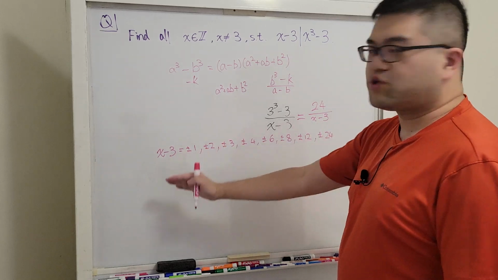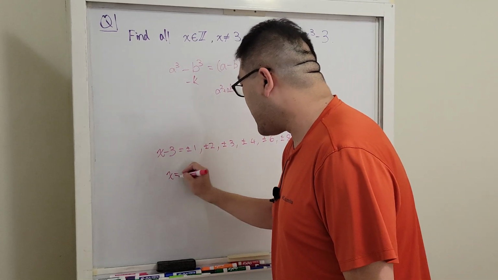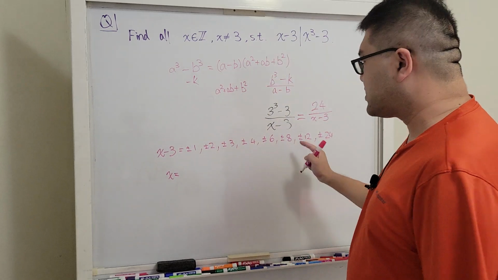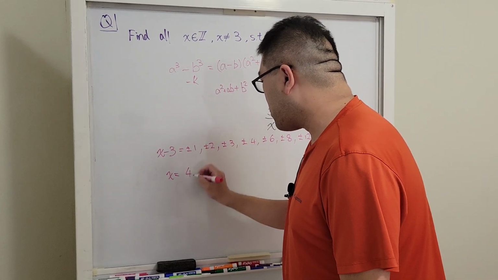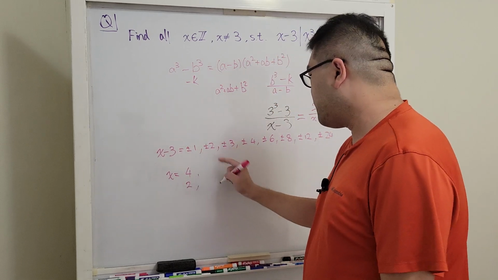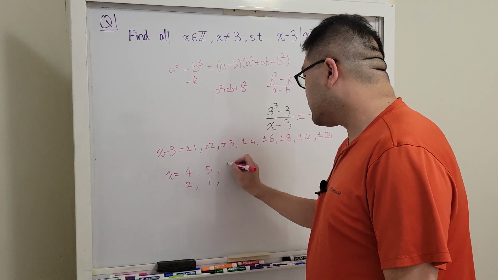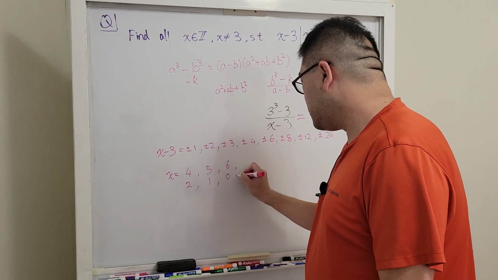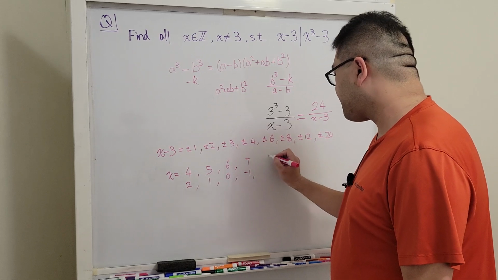And as we solve for all these possible values, we add 3 on the right side for each. We will get either 4 or 2, and then we have 5 and 1. We have 6 and 0. We have 7 and negative 1.